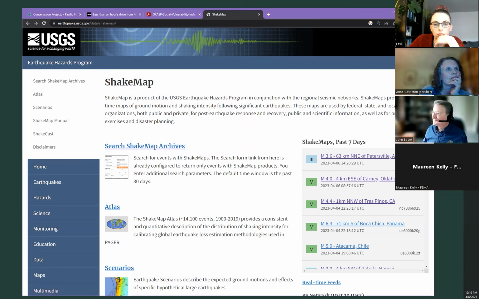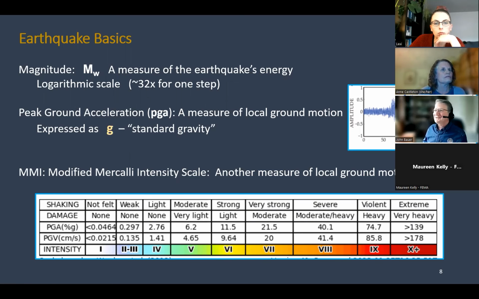Basics, okay? Please distinguish magnitude of an earthquake from the local shaking intensity here. So magnitude is done on a decimal scale, and you'll hear it between like 7.8 or 8.2, for example.